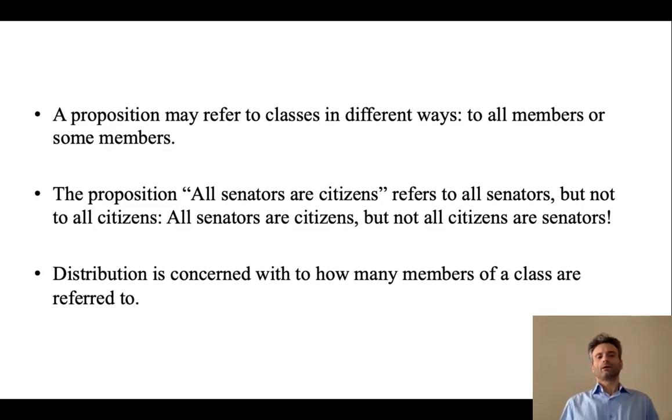So the proposition, for example, all senators are citizens, refers to all senators, not to one or to many or to some, but refers to all of them. All senators are citizens. But naturally, not all citizens are senators. So distribution is concerned with how many members of a class are referred to.